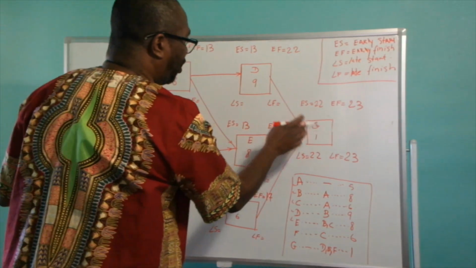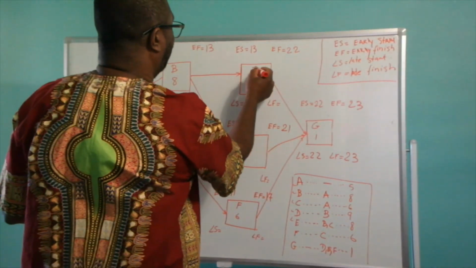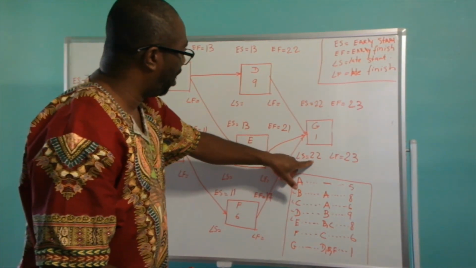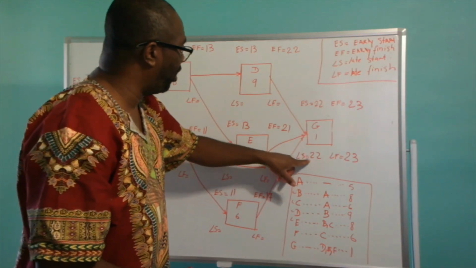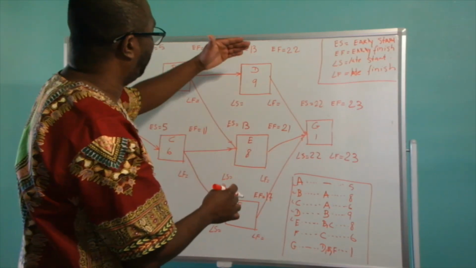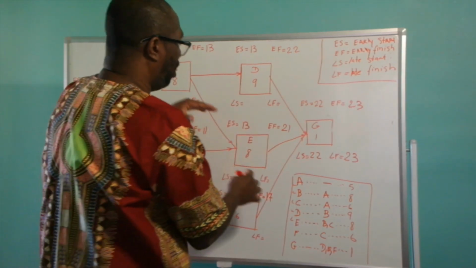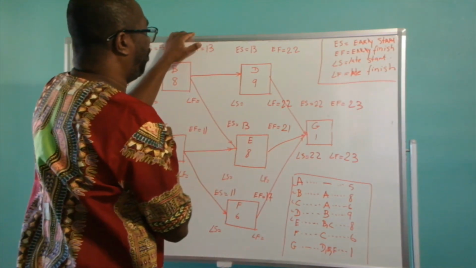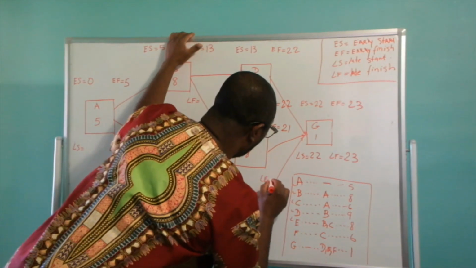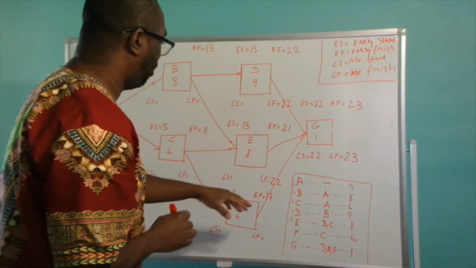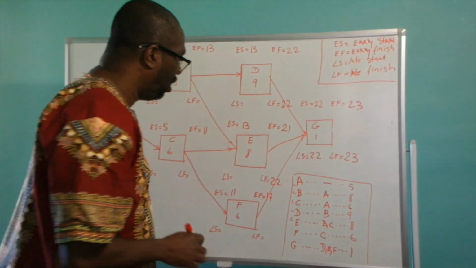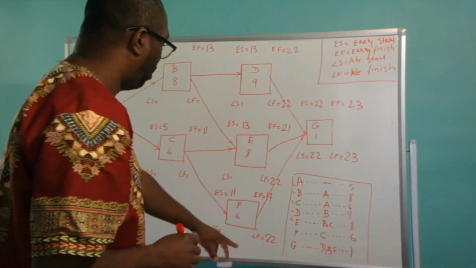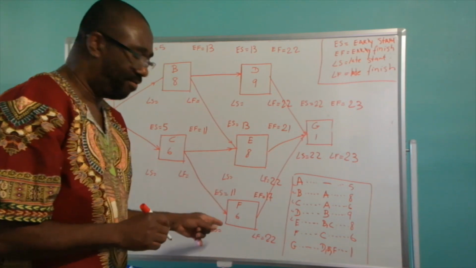Now, remember G comes out of activity D, E, and F. So the late start of 22 days is going to be the late finish for activity D, E, and F. So this 22 is going to be the late finish for activity D, 22 days again for activity E, and 22 days again for activity F.